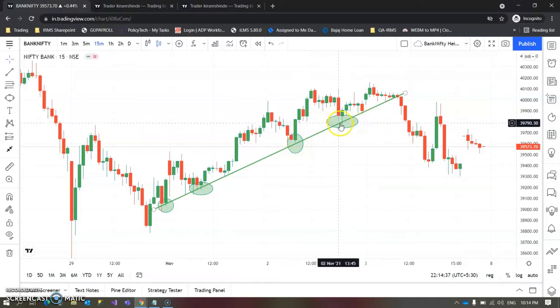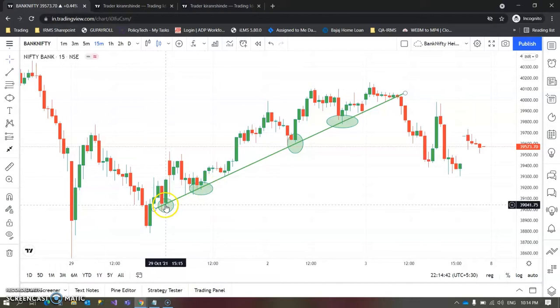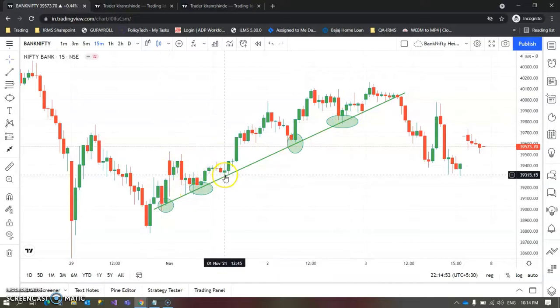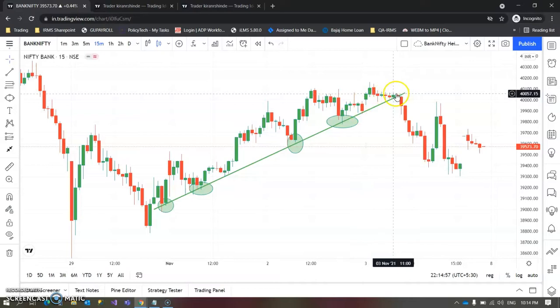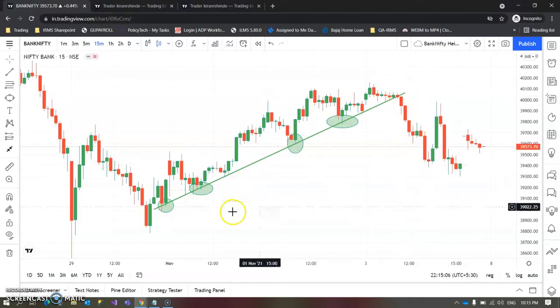This does not make much difference, but now you can clearly identify that we have got a support trend line, and the market has been trading on this support trend line by taking support at the first, second, third. This is the third, this is the fourth, fifth, sixth was here, and finally it gave a breakdown. Breakdown of this particular level, and you got a good downfall. So this is how you need to draw the trend line.